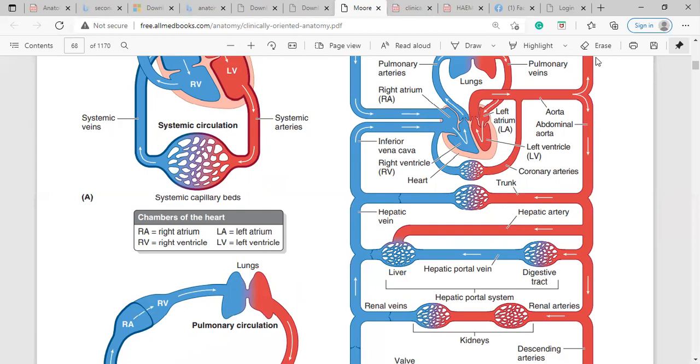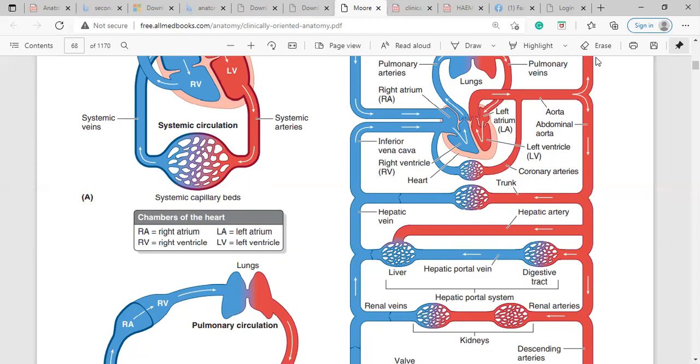The one that goes to your trunk, you have some internal thoracic arteries. And the one that goes to your liver is called the hepatic artery. The one that goes to your guts or your stomach, you have the mesenteric artery, and then specifically to the stomach, you have the gastric artery.